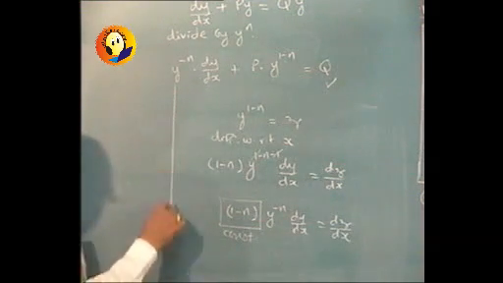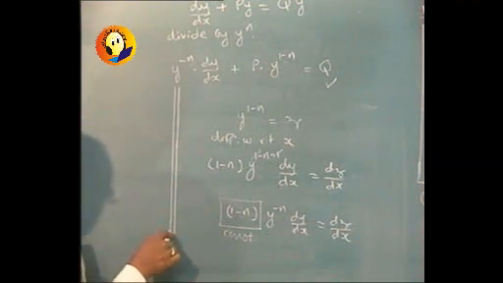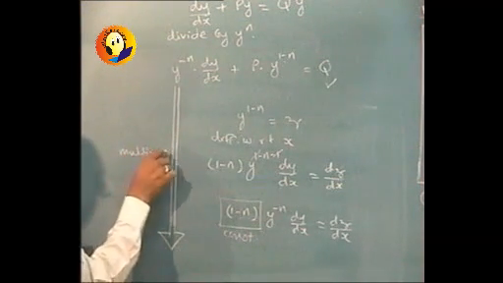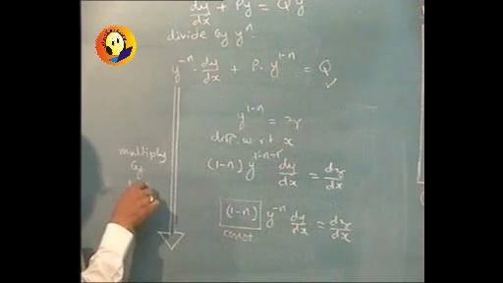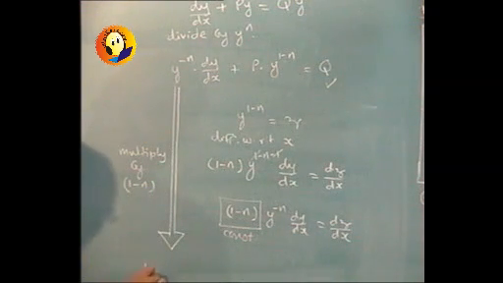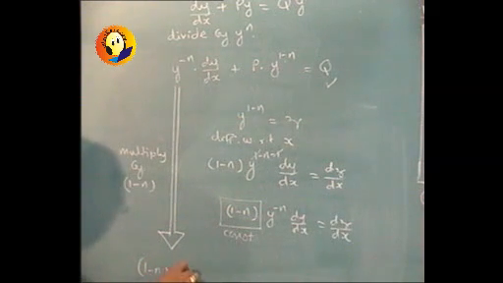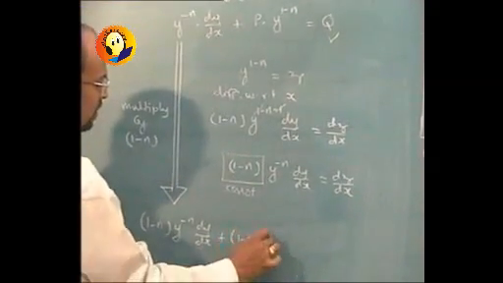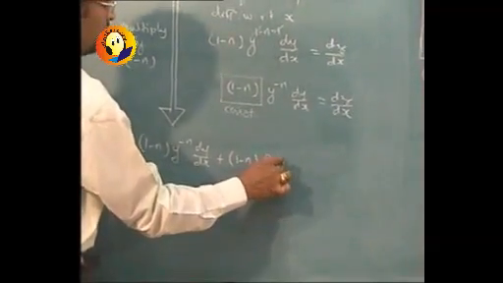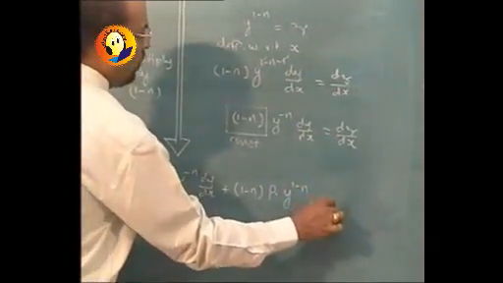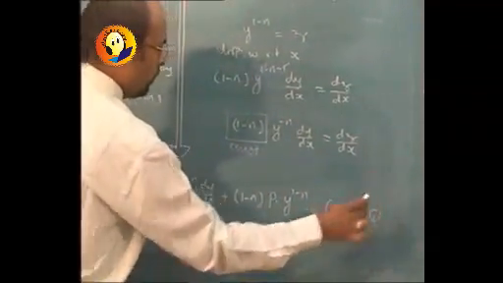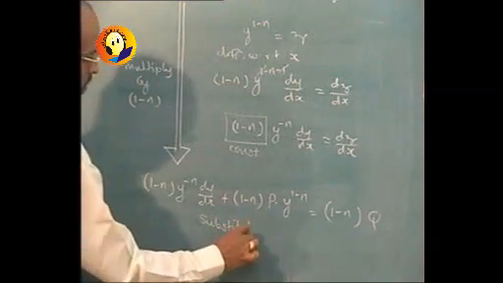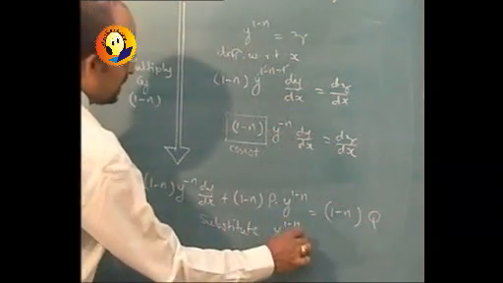So to this equation, if we multiply by 1 minus n, we get 1 minus n into y raised to minus n dy by dx plus 1 minus n into P into y raised to 1 minus n equal to 1 minus n into Q, and then substitute for y raised to 1 minus n as z.